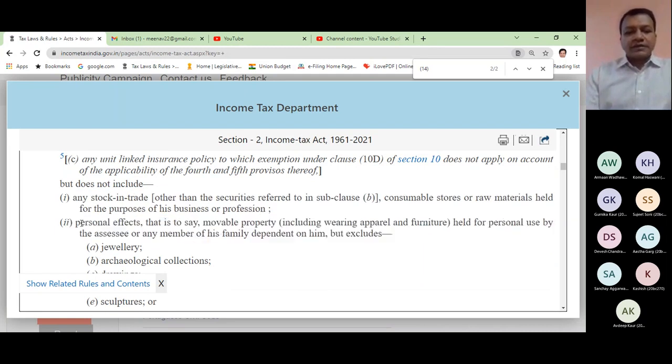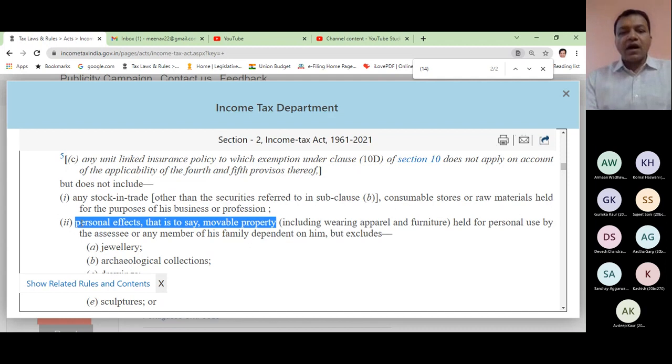Second thing, personal movable property. All your personal movable items are not capital assets. Like if you sell your personal shoes at some profit, it is not a capital asset. No need to compute capital gain. You are selling a personal car at a profit. It's not a capital asset.